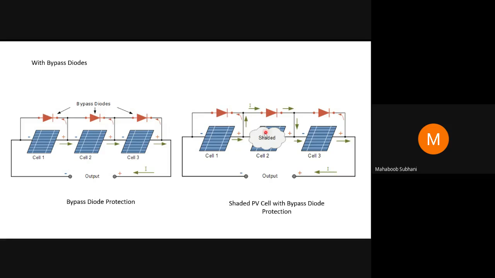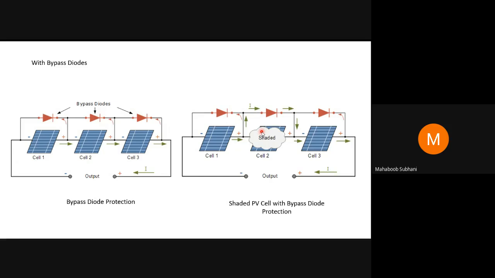So indirectly it is reducing the hotspots. Once the cell becomes normal, like when the shading is removed, it will behave as a normal cell, and again it starts generating power.